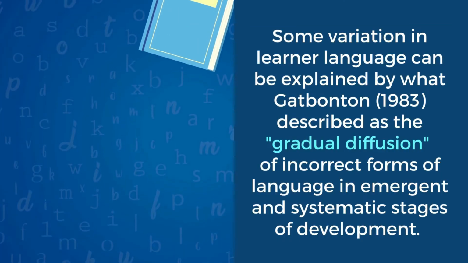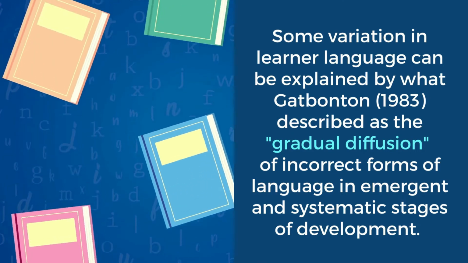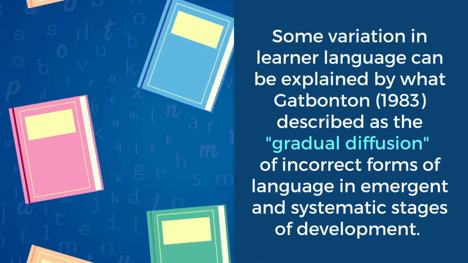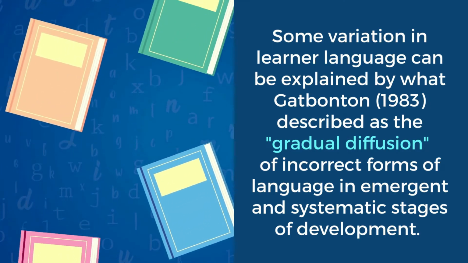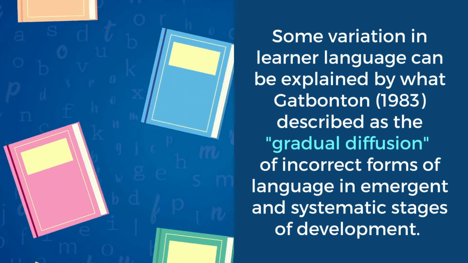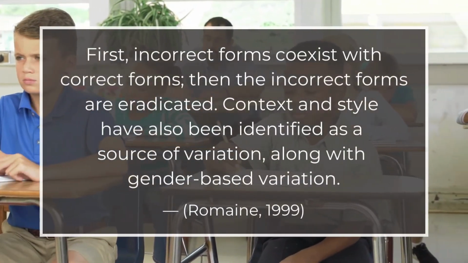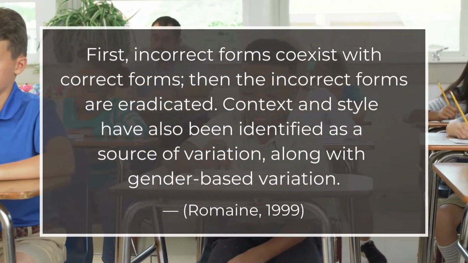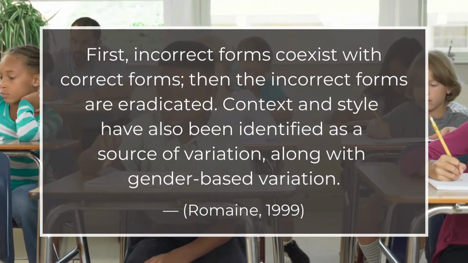Some variation in learner language can be explained by what Gatbonton in 1983 described as the gradual diffusion of incorrect forms of language in emergent and systematic stages of development. First, incorrect forms coexist with correct forms. Then the incorrect forms are eradicated.